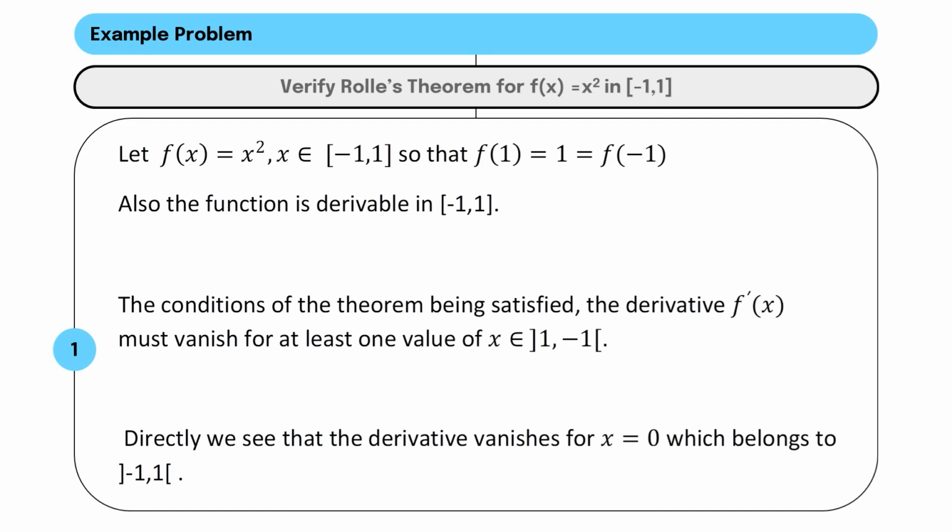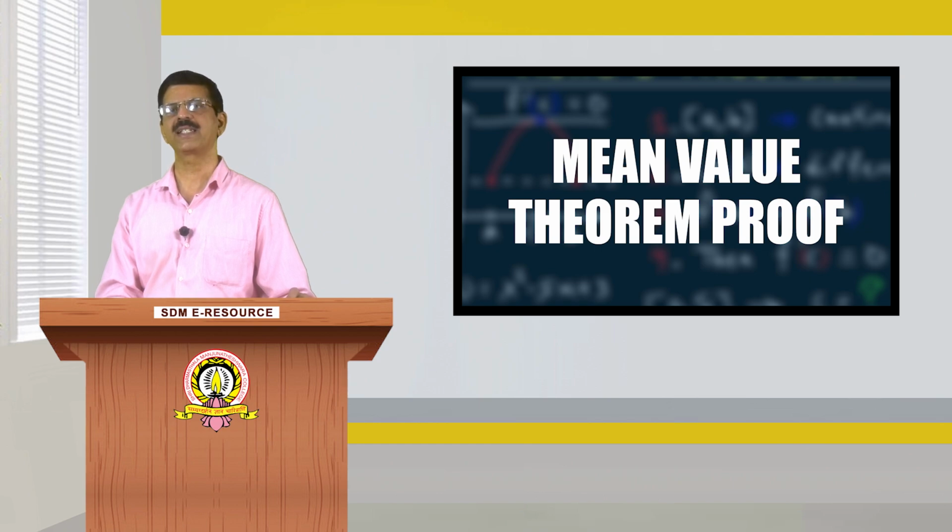That means f dash of c is equal to 2c, which is equal to 0 as per Rolle's theorem. 2c is equal to 0 implies c is equal to 0, and that belongs to -1, 1. Therefore, Rolle's theorem holds good. So, these are different examples to understand Rolle's theorem.